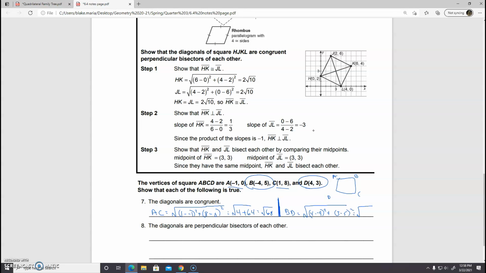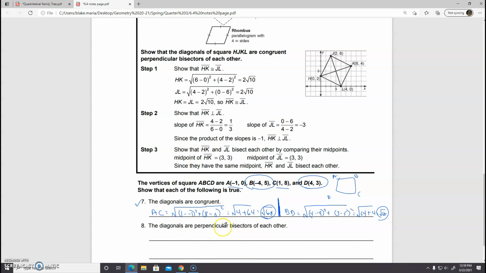So 4 plus 4 is 8, squared is 64, and then negative 2 squared is 4, and we get the square root of 68 again. So we know the diagonals are congruent. Yes, it's a rectangle. The next one says diagonals are perpendicular bisectors.